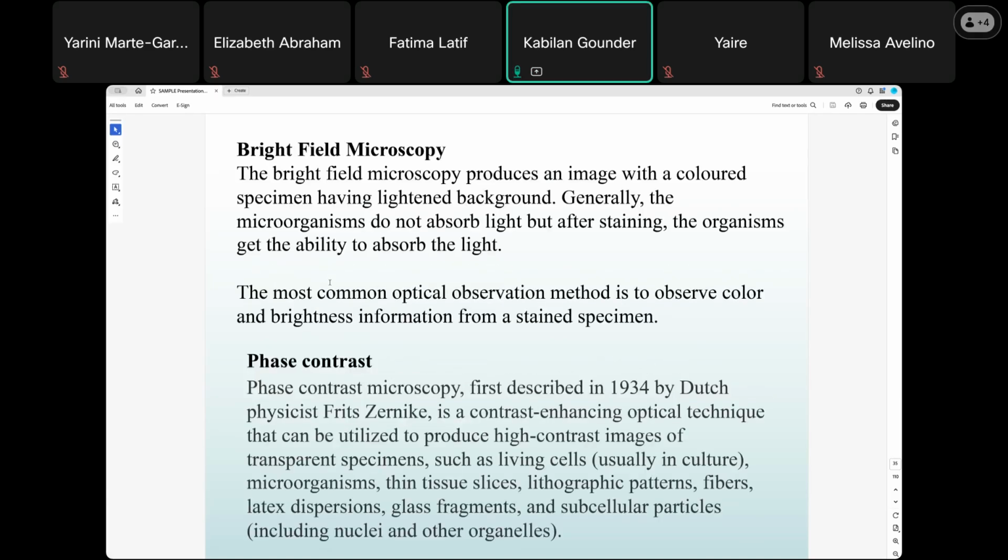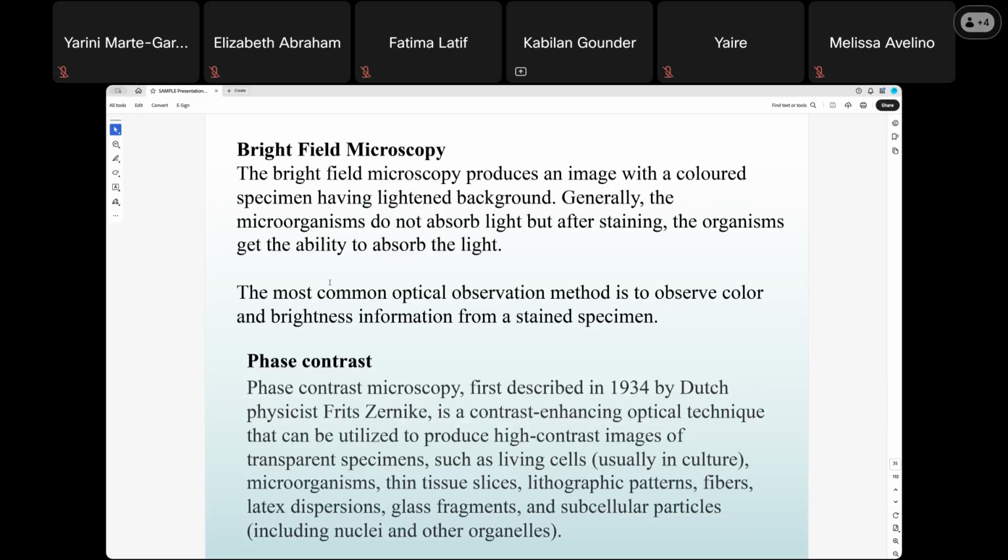Also, we have the bright field microscope, which produces an image with colored specimens on a lightened background. Generally, microorganisms do not absorb light, but after staining, the organism gets the ability to absorb the light.